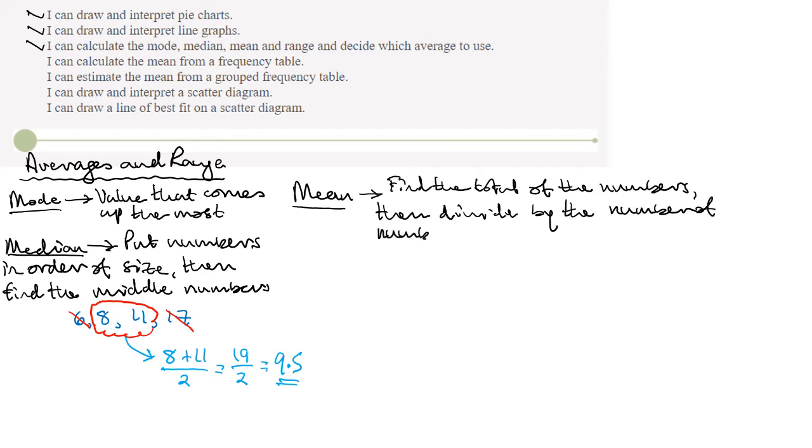So if I was doing it with the 4 numbers that I've got down there, 6, 8, 11, 17, I would do 6 plus 8 plus 11 plus 17 and divide that by 4.